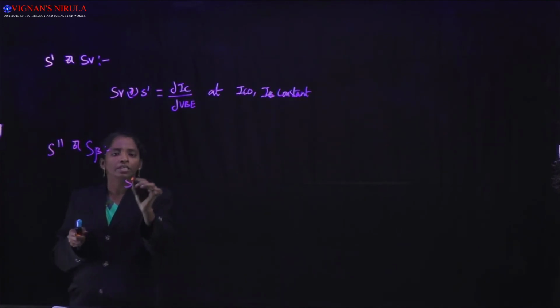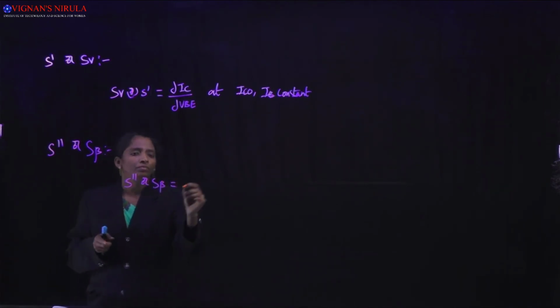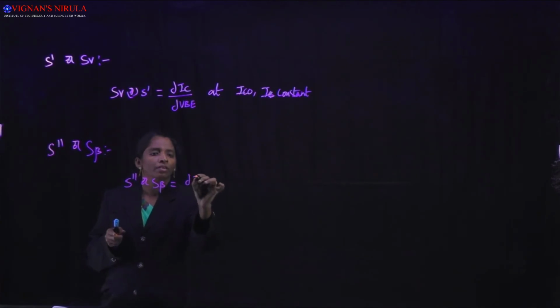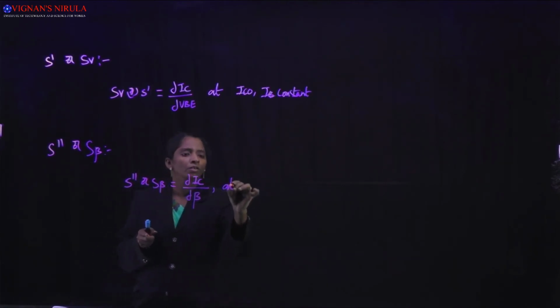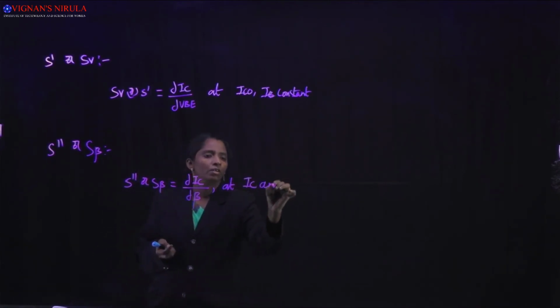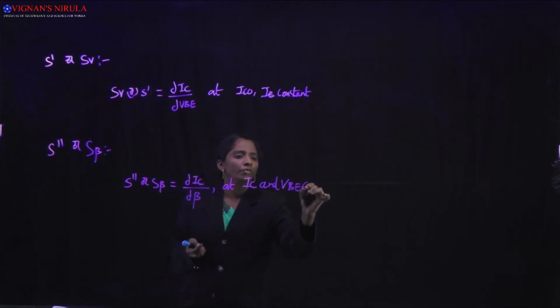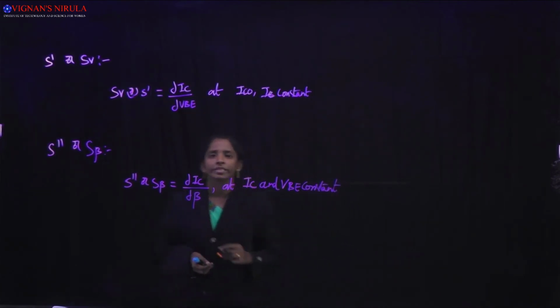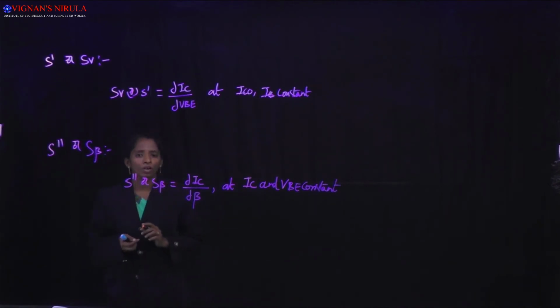So S double bar or S beta equals the change in collector current with respect to beta, at IC and VBE constant. So these are the stability factors of a transistor in common emitter configuration.